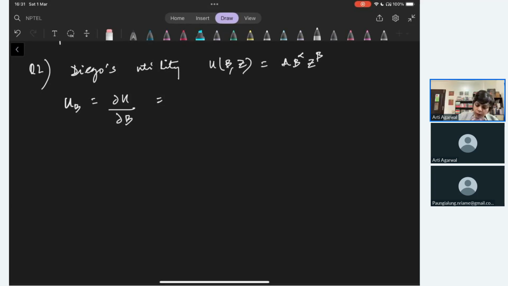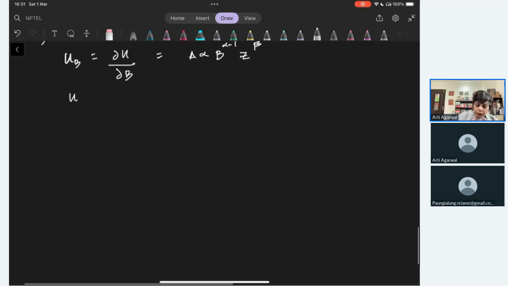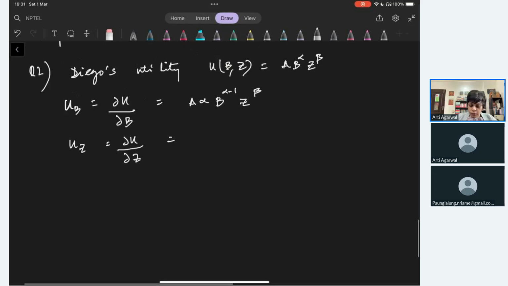So this becomes A alpha B to the power alpha minus 1 Z to the beta. Similarly, we take the partial derivative of U with respect to Z, and this is A B to the power alpha into beta into Z to the beta minus 1.